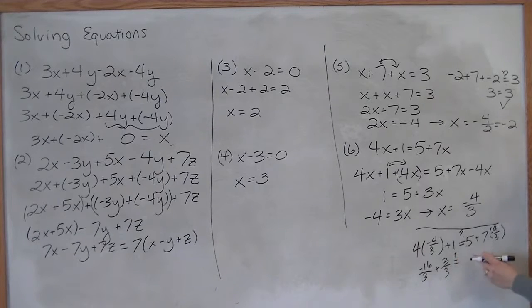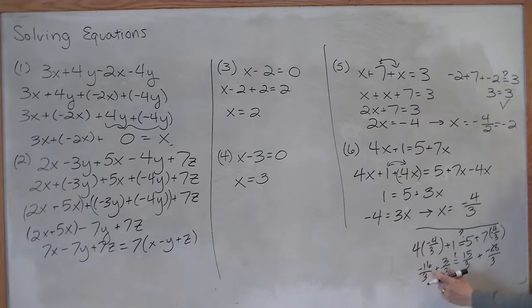And I want to know, is that equal to 5, which we're going to be working with everything over 3. So I'm going to write 5 as 15 over 3. All I did was multiply 5 by 3 over 3, which is 1. And then 7 times negative 4 is negative 28 over 3.